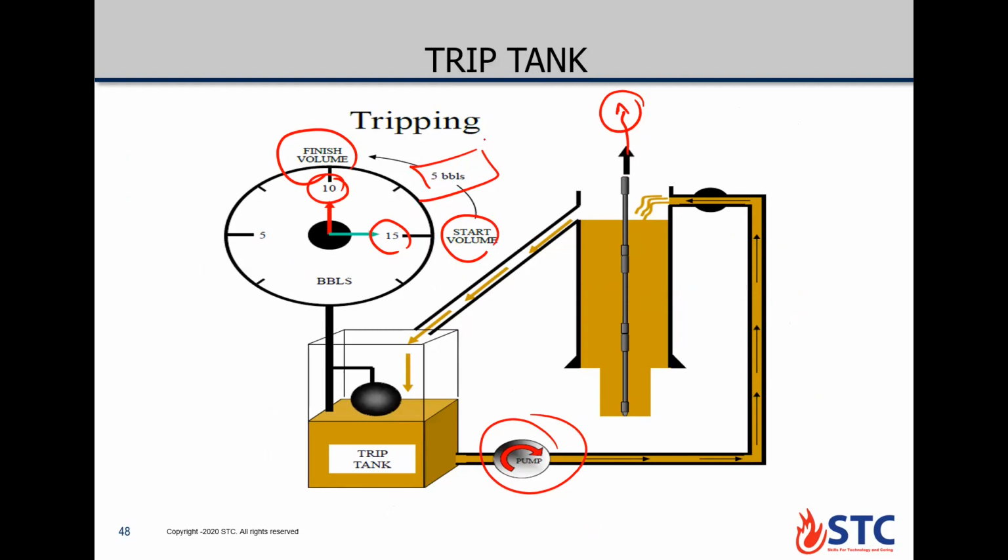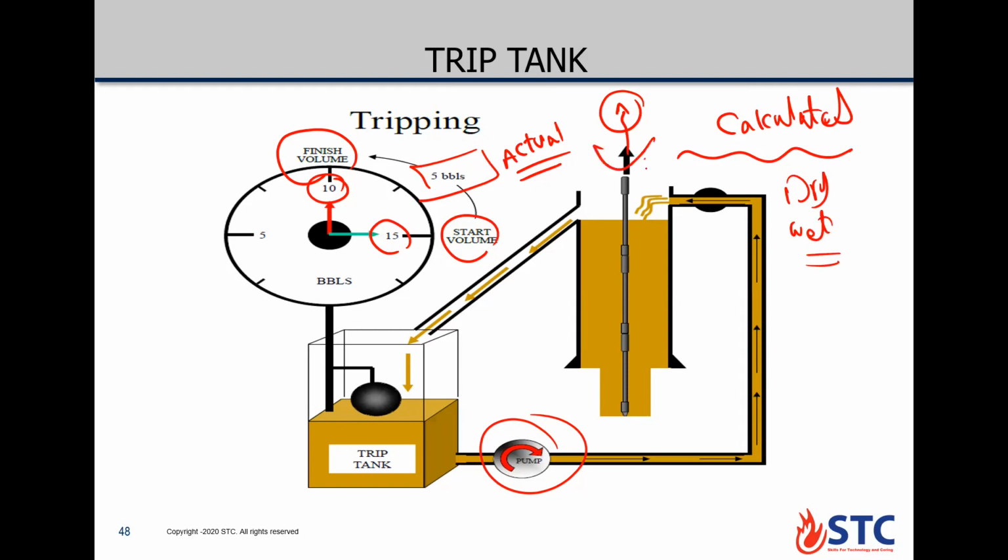You need to compare this actual volume from the trip tank with the calculated volume you already calculated, whether you are dry tripping or wet tripping. If no difference, it's okay. If there is a difference, you need to make a flow check.